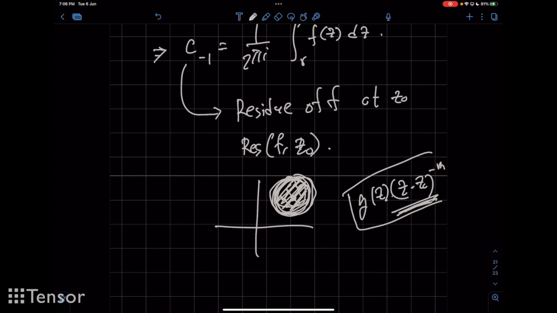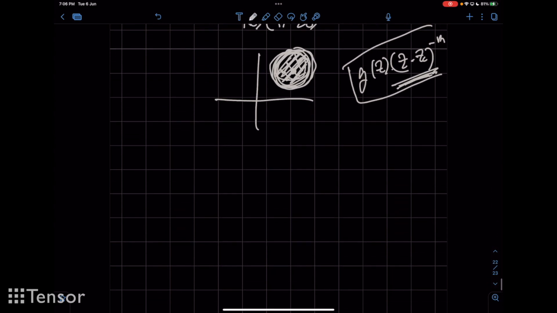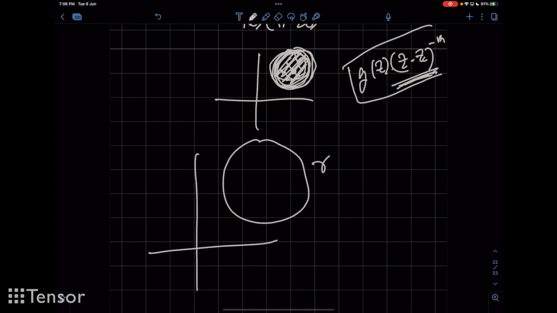Now, what about multiple poles? We have another theorem for this. Let's say this is my curve gamma, and there are multiple poles here.